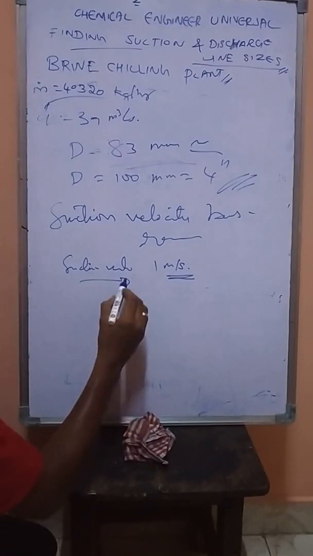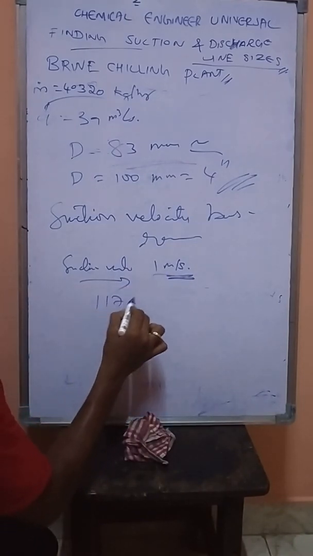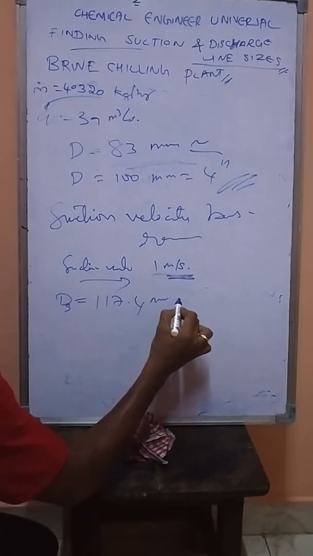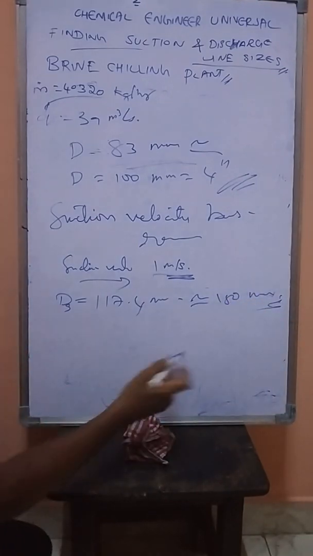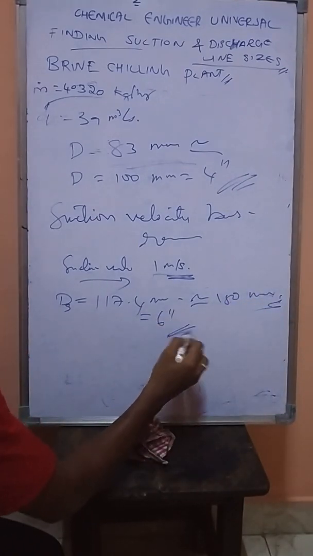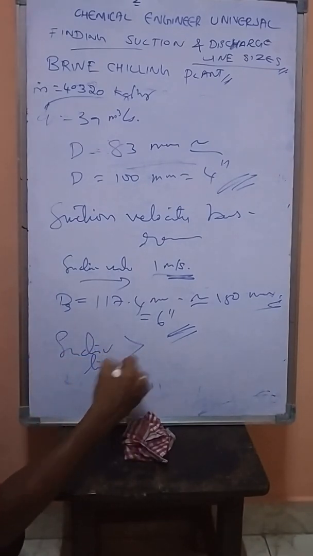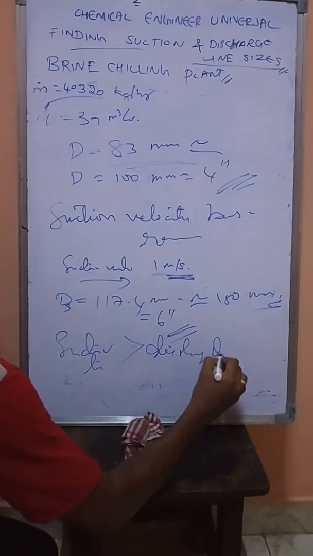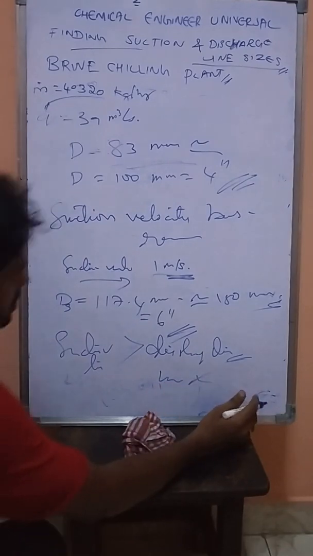It will be around 117.4 mm, the diameter of the suction line. So you can take approximately 150 mm, which is equal to 6 inch. The suction line will mostly always be greater than the discharge line. So if that is the case, then your workout is correct.